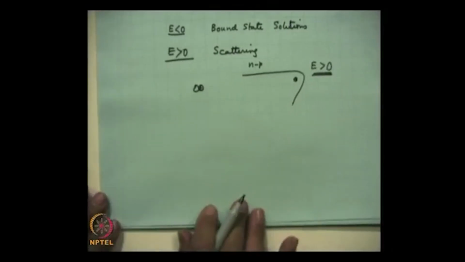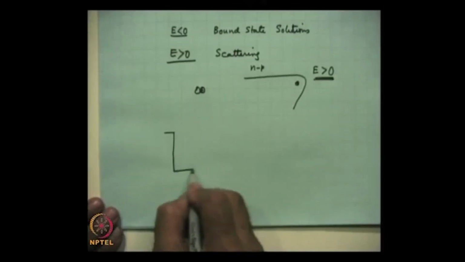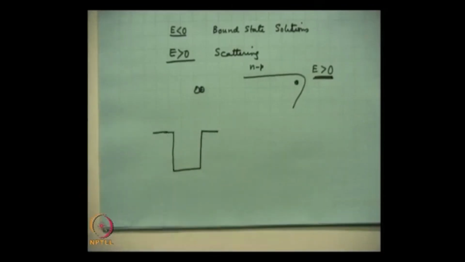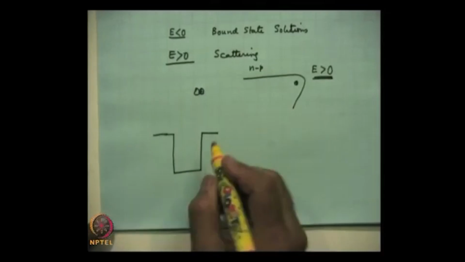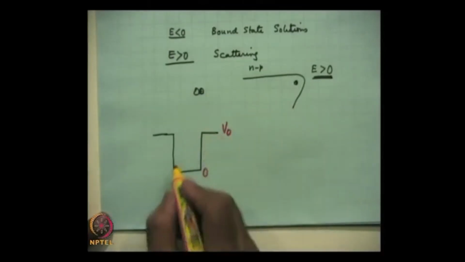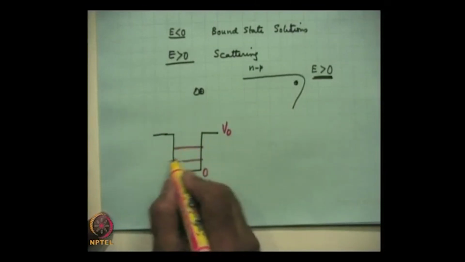In one dimensional quantum mechanics, remember that we had the potential well problem. In this potential well problem, you have two types of solutions. Let us suppose this is 0 and V0. For E lying between 0 and V0, you have bound state solutions, where the particle is confined within the well.